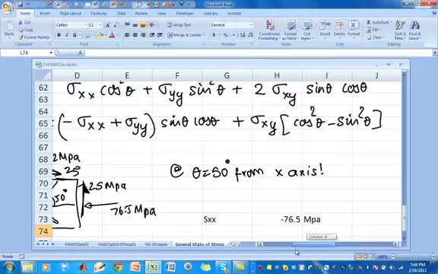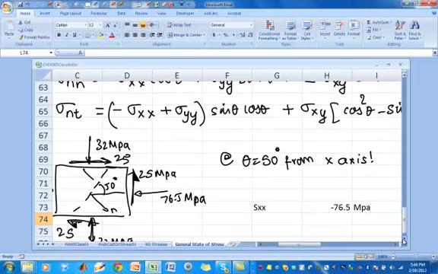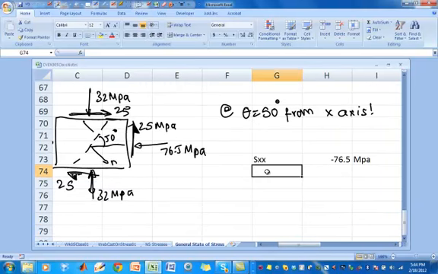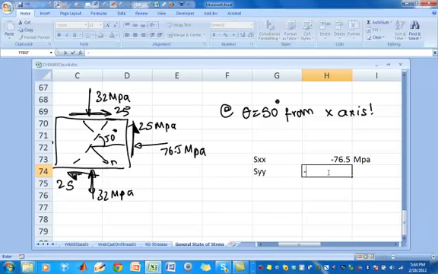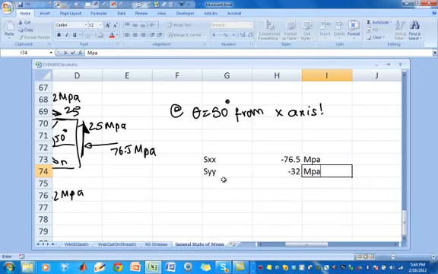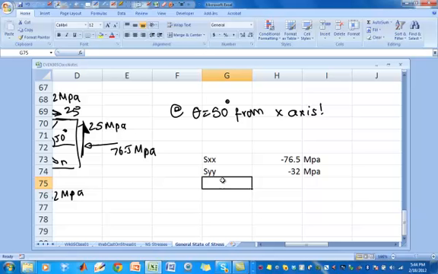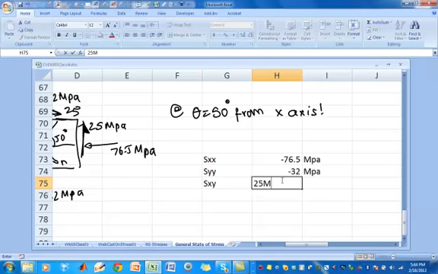So you can see it a little bit better, right? Syy, tell me what it is. Is it obvious to you? It's minus 32 megapascals. Compression is negative, tension is positive. We did this even in our 221 class, statics and dynamics, so you should be aware of that. Then tau xy. So I'll write it as Sxy is 25 MPa.